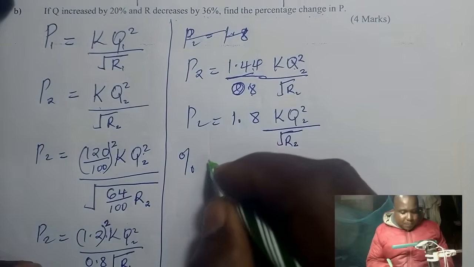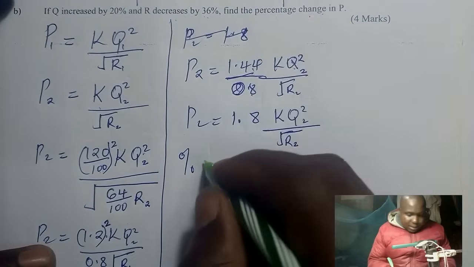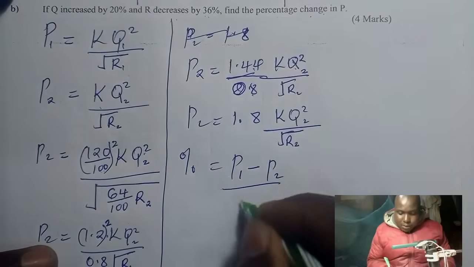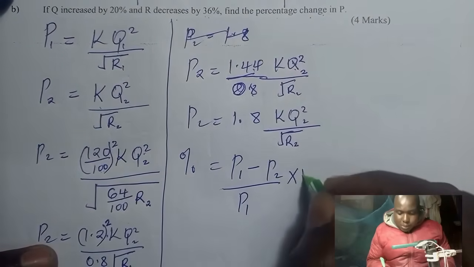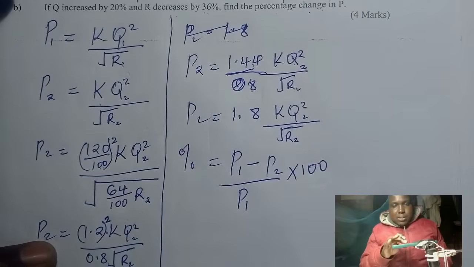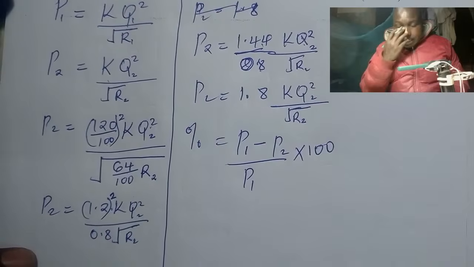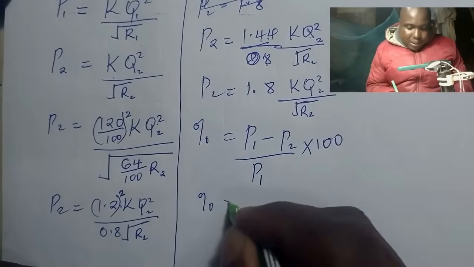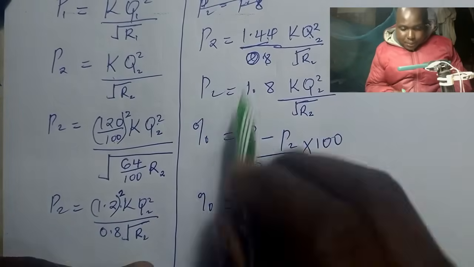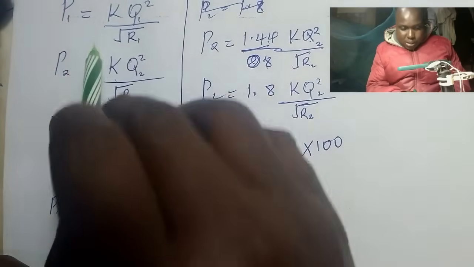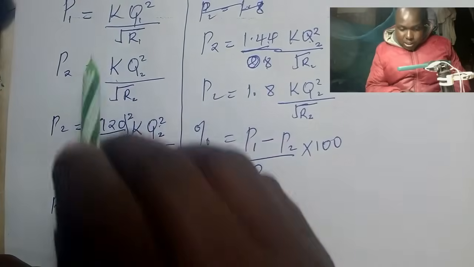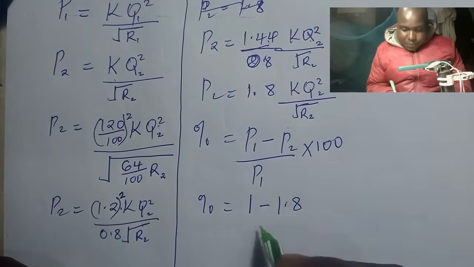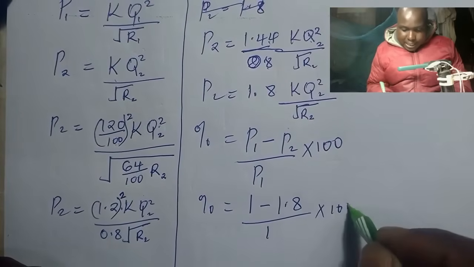So percentage increase or decrease is equal to P1, the original, minus P2, divided by P1, times 100. That gives us the percentage increase or decrease. For P1, the coefficient is 1. Here, the coefficient is 1.8. So 1 minus 1.8 divided by 1 times 100.